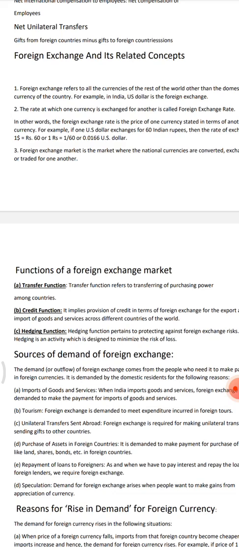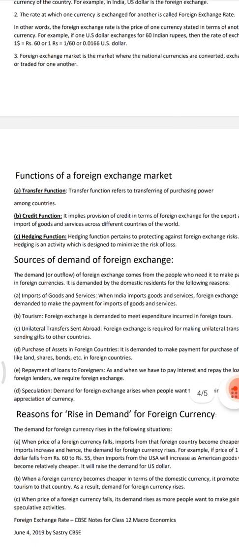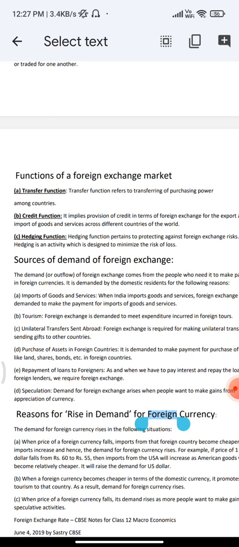So this was the basic concept of the foreign exchange rate, and now we'll study the functions of the foreign exchange market. There are a total of three functions: first is the transfer function, then the credit function, and the hedging function. Transfer function refers to the transferring of purchasing power among countries.